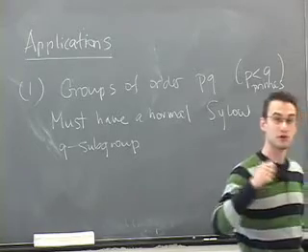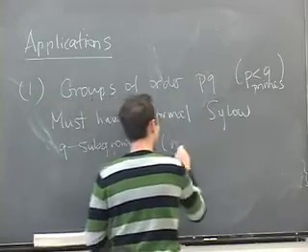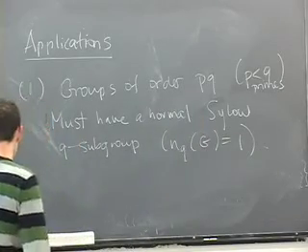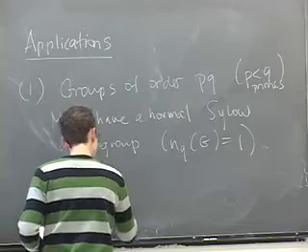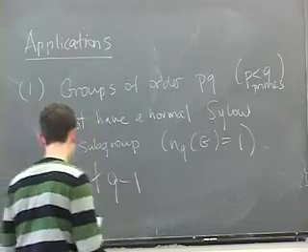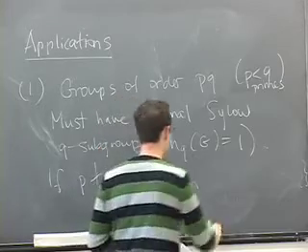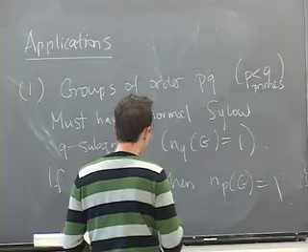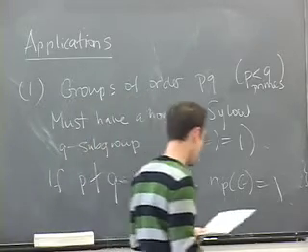And since q is larger than p, that automatically guarantees that n_q(G) is 1. Now, as for the other, if p does not divide q minus 1, then again, by the same reasoning, you get that n_p(G) equals 1. And so you have a normal Sylow p subgroup.